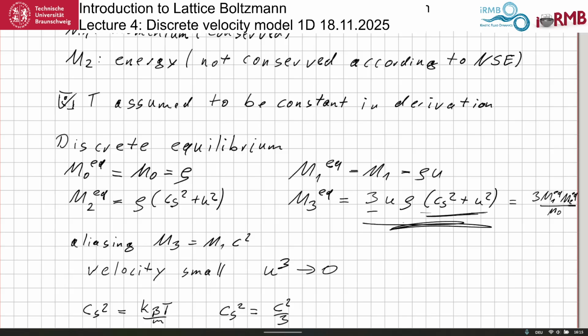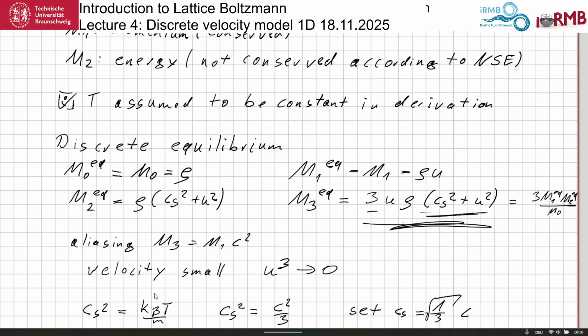Yeah? Suppose this was the case, then we wouldn't have this problem, and then cs is the square root of 1 over 3 times c.